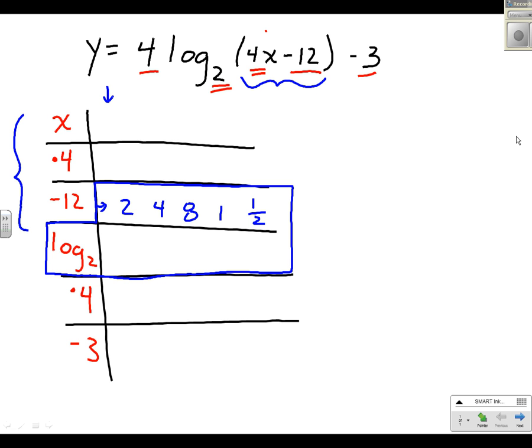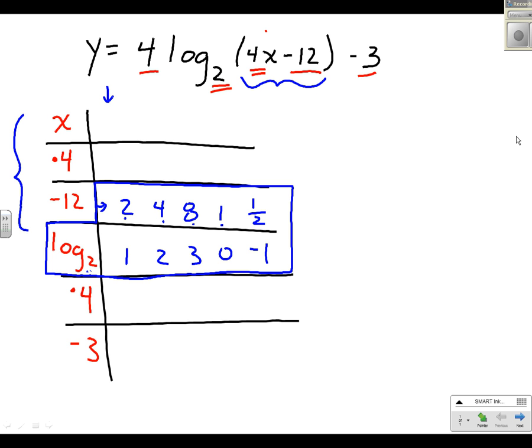Well, log base 2 of 2 is 1. 1's the exponent that turns 2 into 2. What's the exponent that turns 2 into 4? 2. 2 into 8, 3. What turns 2 into 1? 0. What turns 2 into 1/2? Negative 1.